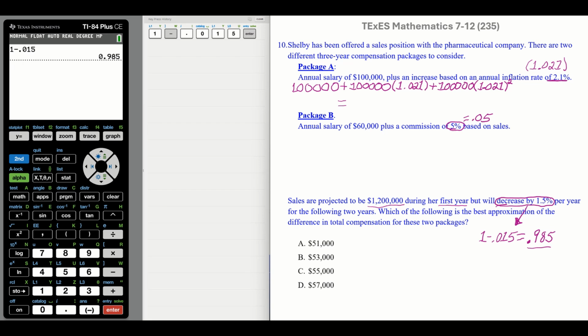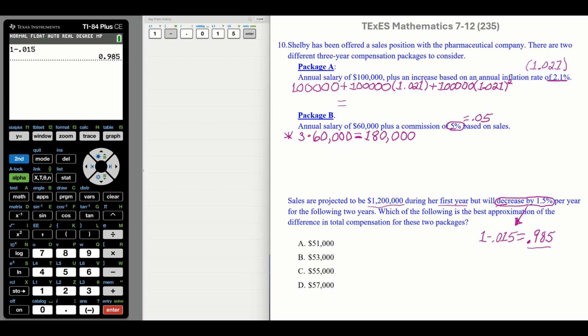Okay, now let's talk about package B. Right up front, no matter what, you get 3 years with the $60,000. And that means that you're going to get 3 times 6 is 18, 180,000. That's base. That's your baseline, but then plus commission. So now we're going to calculate the commission.